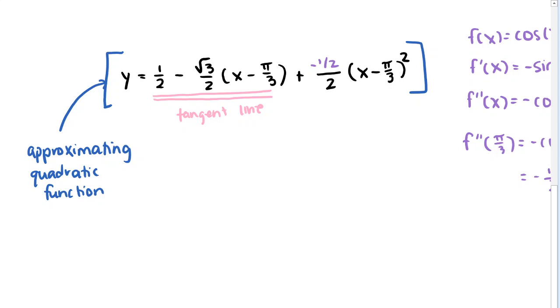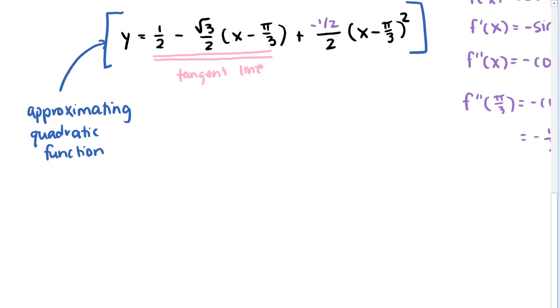And so let's check that our conditions are satisfied with this new equation. Let's really verify that this is the right thing we need to add on to our tangent line equation to get this quadratic function with the same y value, the same first derivative, and the same second derivative as our cosine function at pi over 3. First off, let's check that we get the same y value at x is equal to pi over 3.